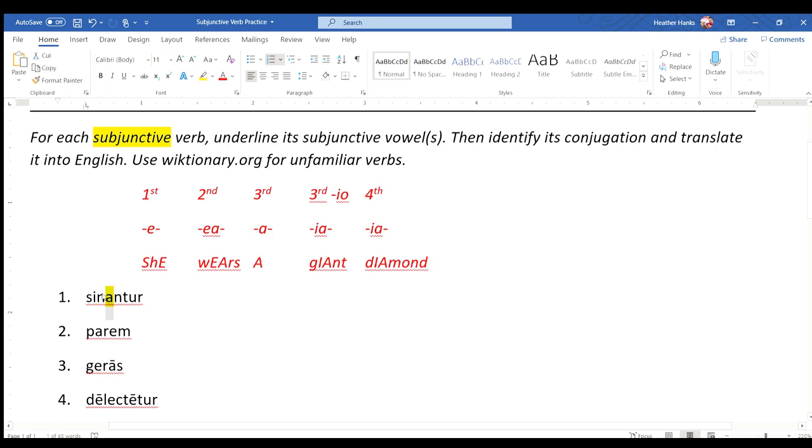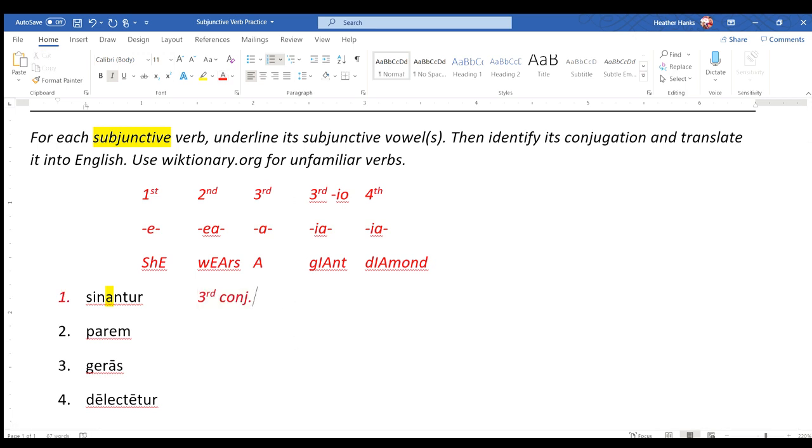All right, if my stem letter subjunctive vowel is an A, normally it would be first conjugation. But in this case, I know it's subjunctive. So it's not going to be first. It's not going to be second. It's got to be third. This is a third conjugation verb. Next it says, translate it into English.